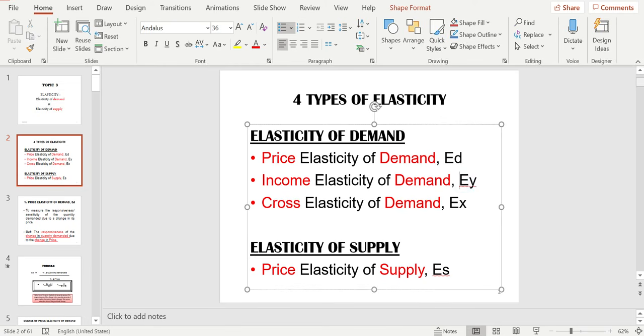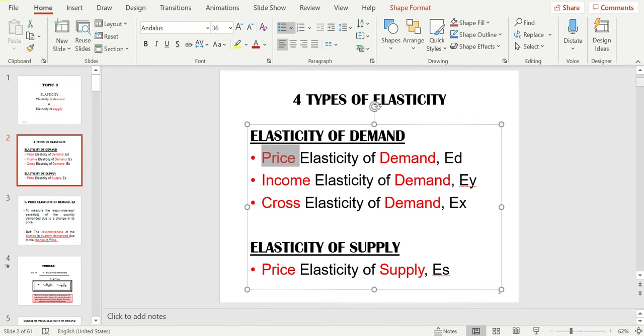Although EY and EX are also elasticities of demand, why do we call this one ED instead of EP? Because I'm taking the first letter and putting it as the short form for each elasticity. The short form for income is Y, so it's EY. For cross, it's X, so EX. Why don't we use P for price, so it becomes EP?